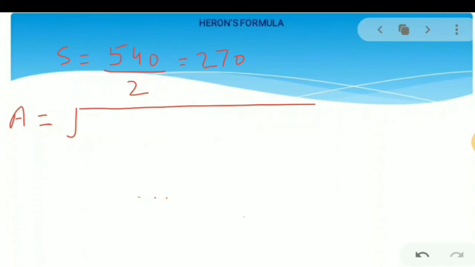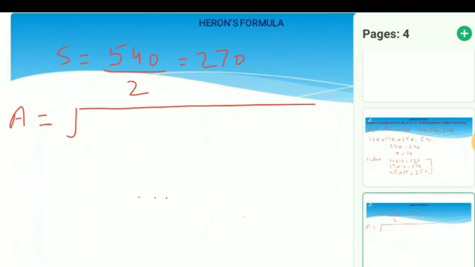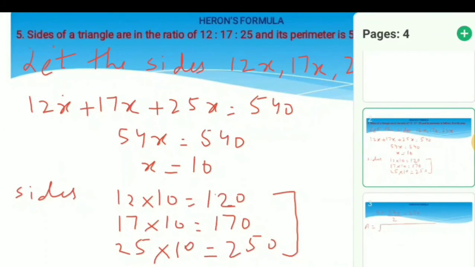First of all, let us find the semi-perimeter. So S will be the perimeter 540, given, divided by 2. It is actually the sum of all sides divided by 2, and the sum of all sides is the perimeter. So this will come to 270. Now let us apply Heron's formula. We know the sides 120, 170 and 250.